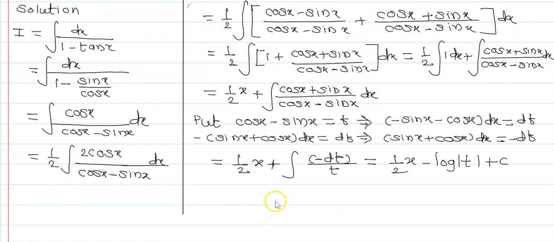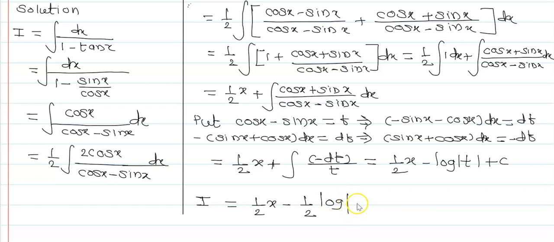And finally we write the answer. I is equal to 1 upon 2 x minus 1 upon 2 log of mod of t.